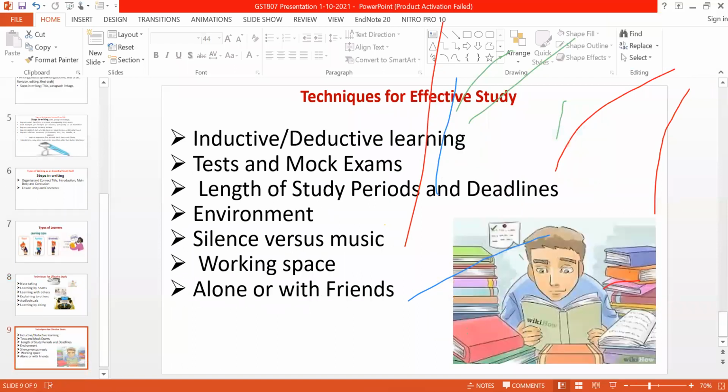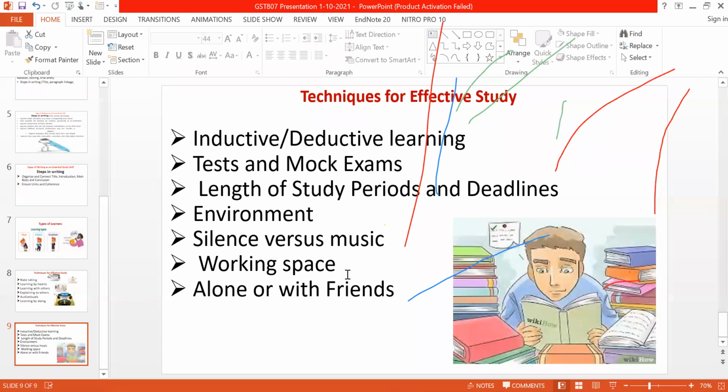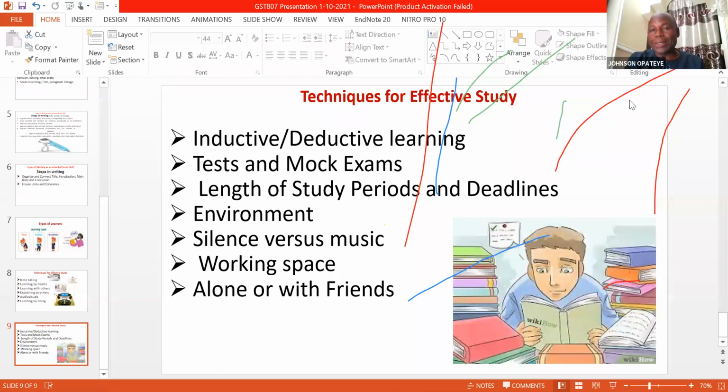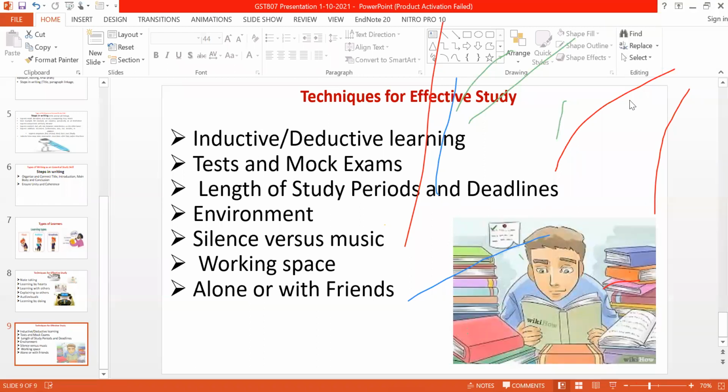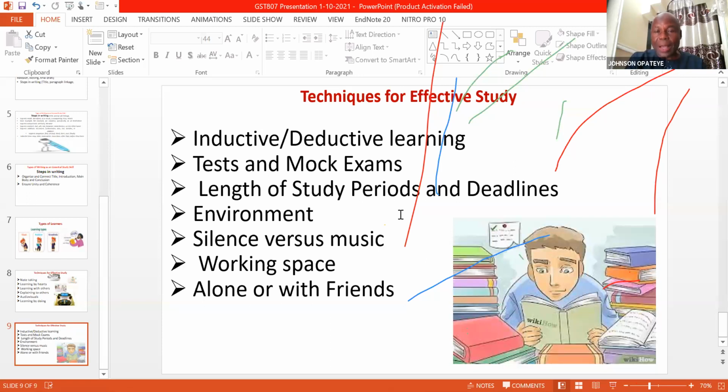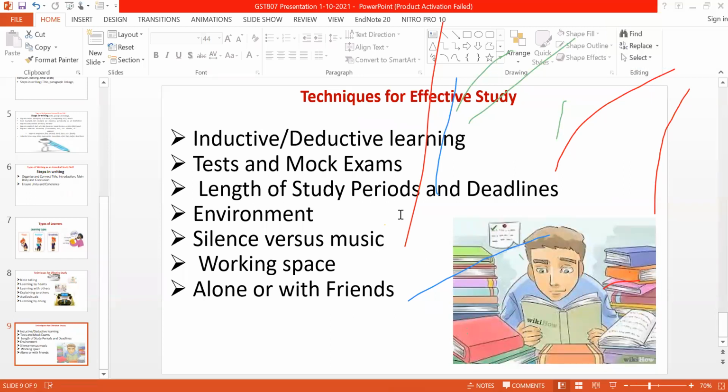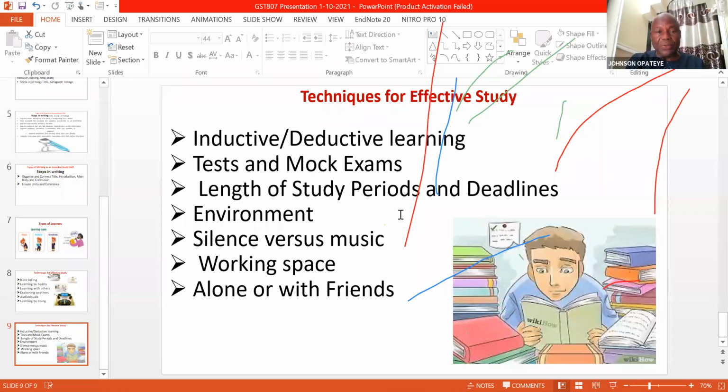So you must identify who you are as a learner, and be able to maximize the particular learning style that is peculiar to you. That is what is going to make you an effective learner.